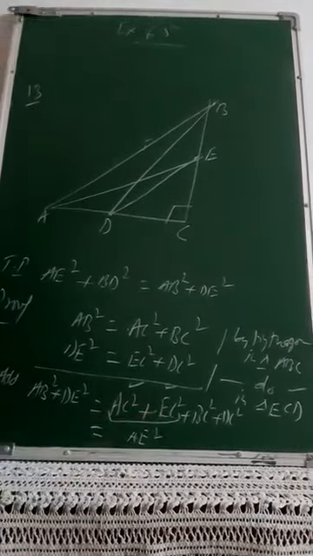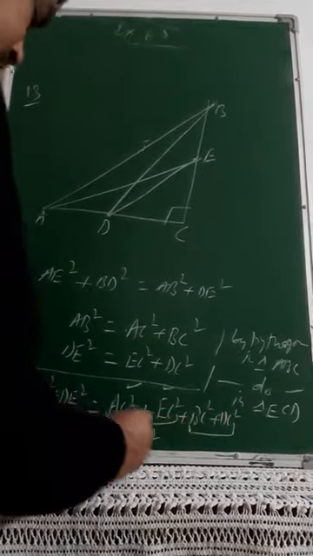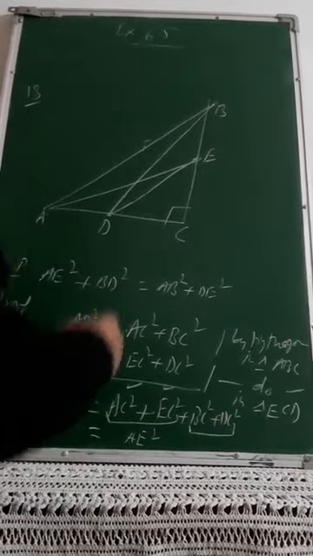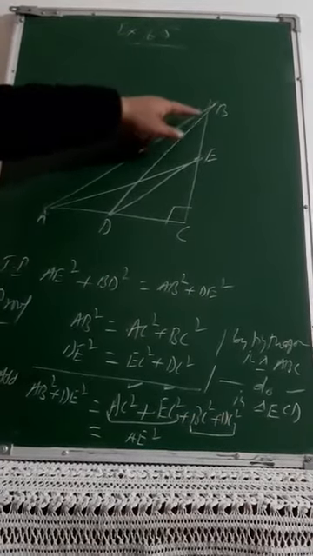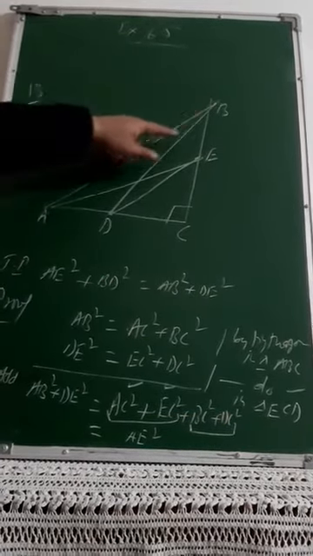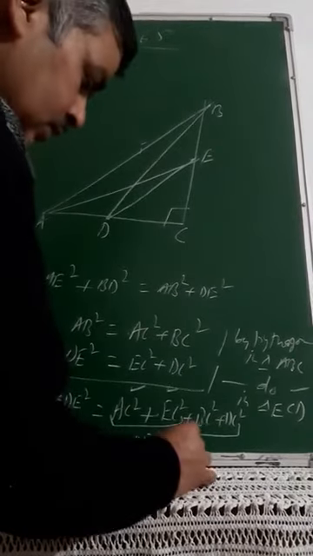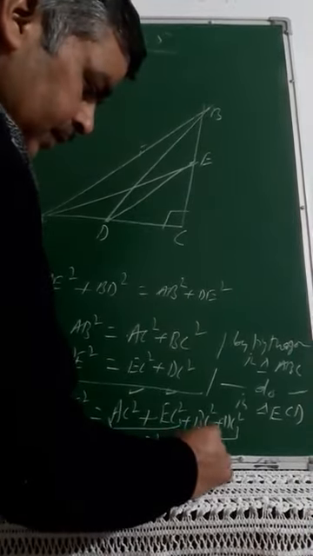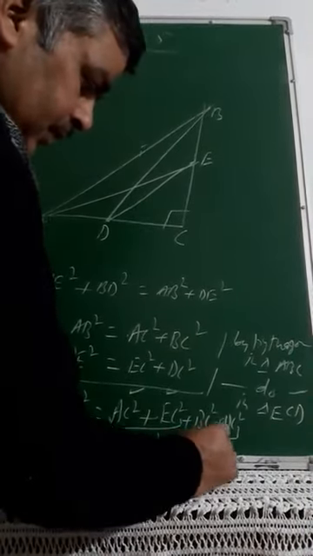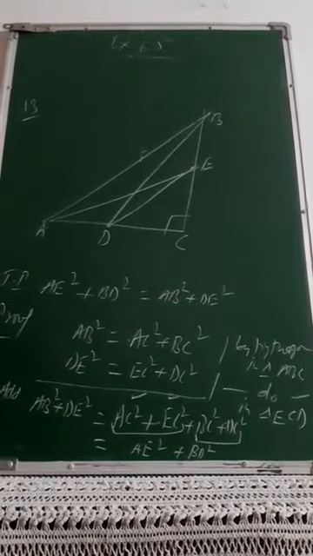And BC square plus DC square, that is in triangle BDC. In triangle BDC, BC square plus CD square will be equal to what? BD square. So that is plus BD square. So hence AB square plus DE square will be equal to what? AE square plus BD square.